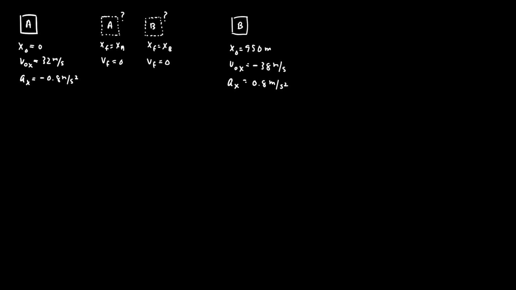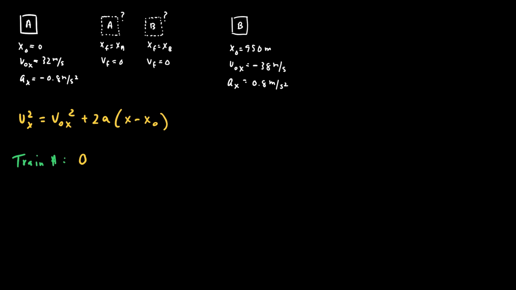And the way that I'm going to do that is I'm going to use the equation, which I suppose we've been calling the third equation, v_x squared equals v_0x squared plus 2a times delta x, the displacement, x minus x_0. And so let's apply this equation to each train independently. So for train A, this equation would look like the following.